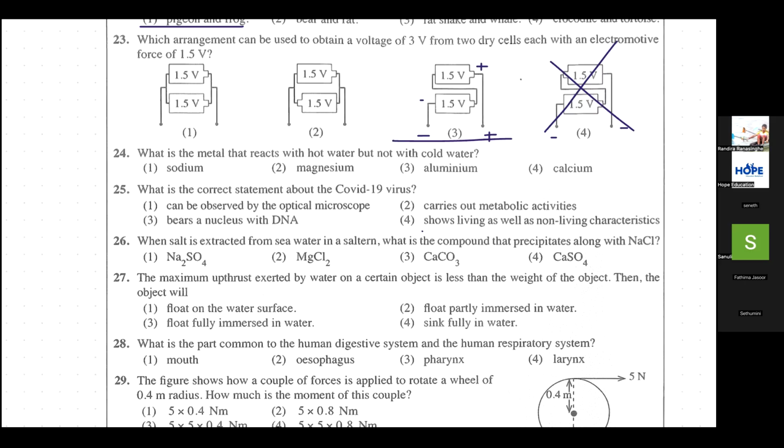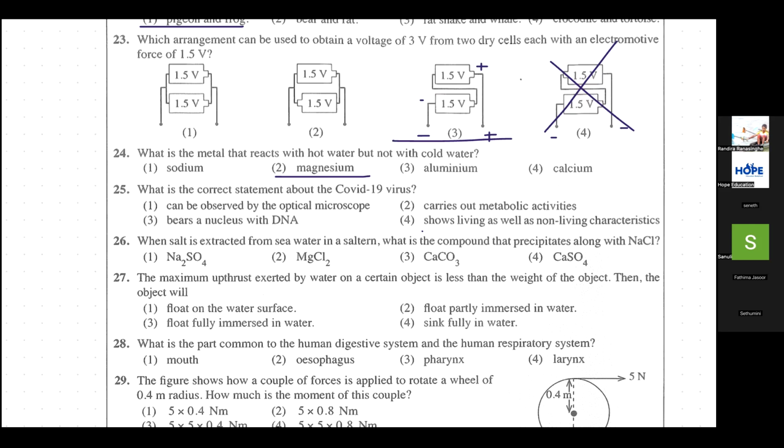Magnesium. Sodium reacts with cold water well. Aluminium has a very slow reaction with hot water. Calcium reacts very well because calcium is at the top of the activity series, but it's magnesium.